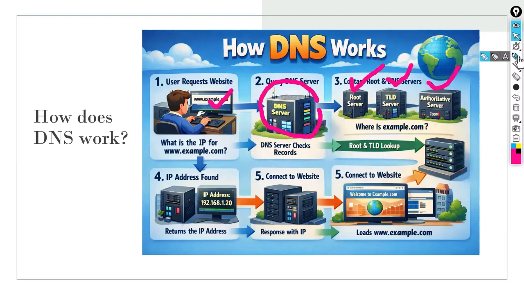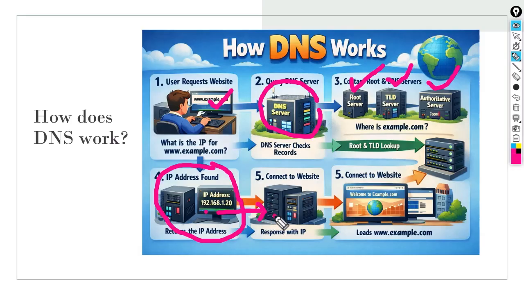When this computer receives the IP address of www.google.com, so here the address is found, and the IP address for google.com is found, then it directly connects to the website.